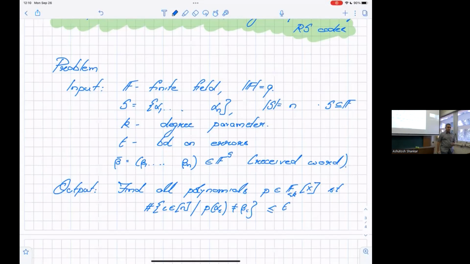That's the problem we will solve. We will solve it in today's lecture when t is less than the unique decoding radius. In fact, the algorithm will magically just go all the way up to half the distance of the Reed-Solomon code.